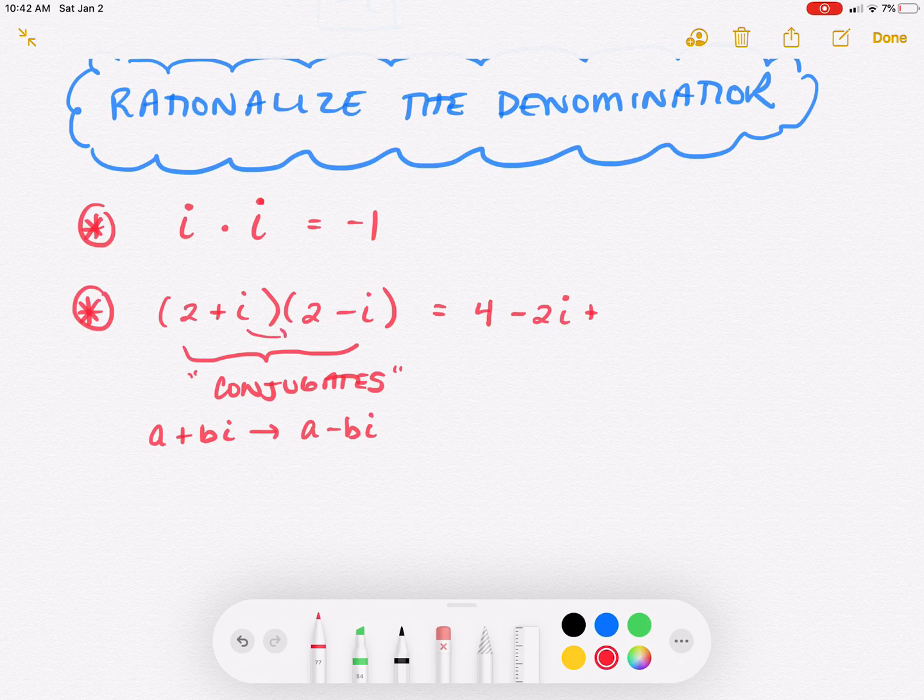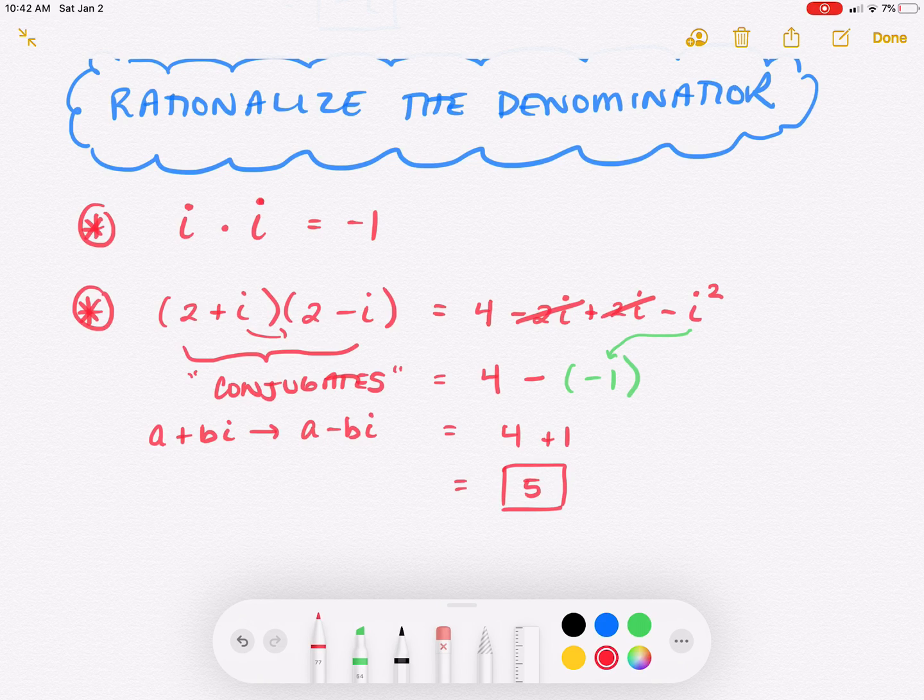When we multiply i times 2, we get 2i, and then this last one is i times negative i gives us negative i squared. Well, if we keep simplifying, the first thing I notice is that negative 2i and 2i cancel. But be careful with this last part, because what happens is it's 4 minus, and then we can replace the i squared with a negative 1. And so the result is going to be 4 plus 1, and it equals this whole number 5.